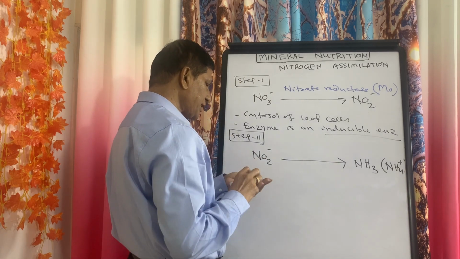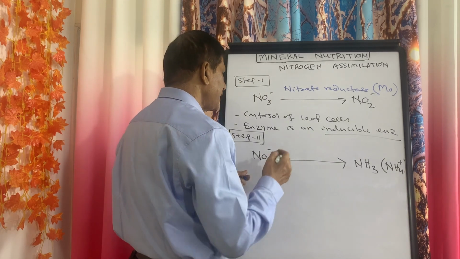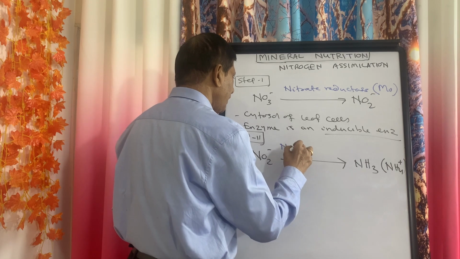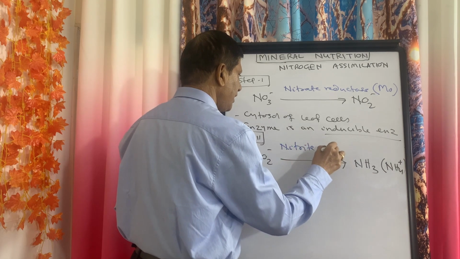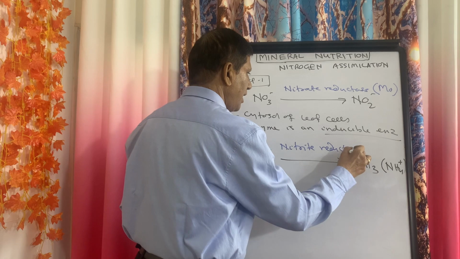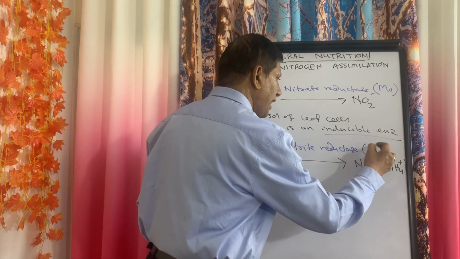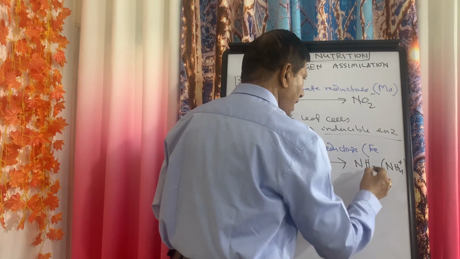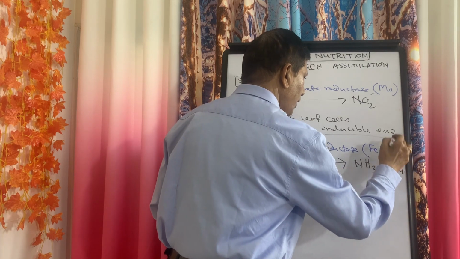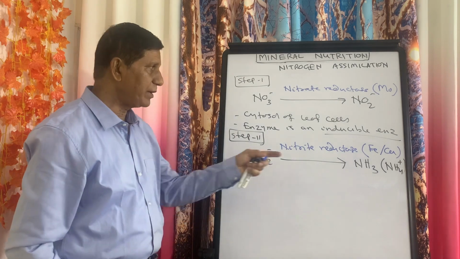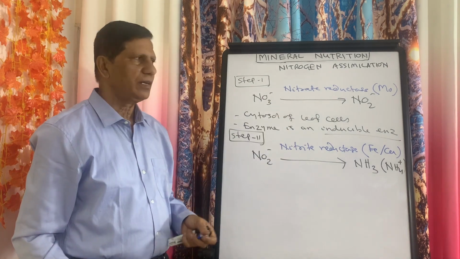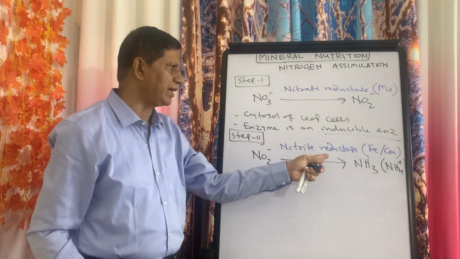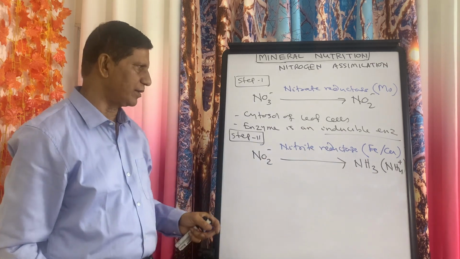This reaction takes place in the presence of the enzyme nitrite reductase, whose cofactors are usually iron and copper, not molybdenum. These are very important from the examination point of view. Here molybdenum is the cofactor, and here iron and copper are the cofactors.